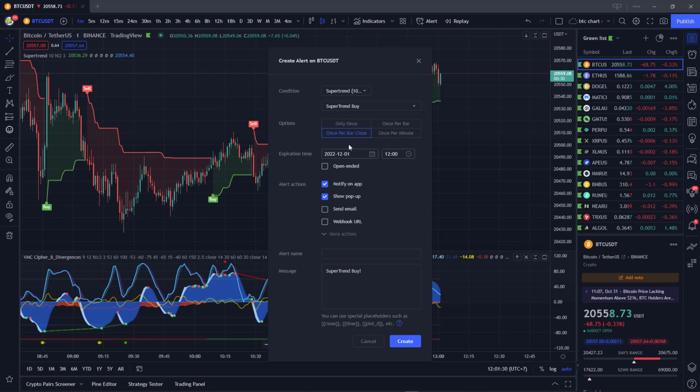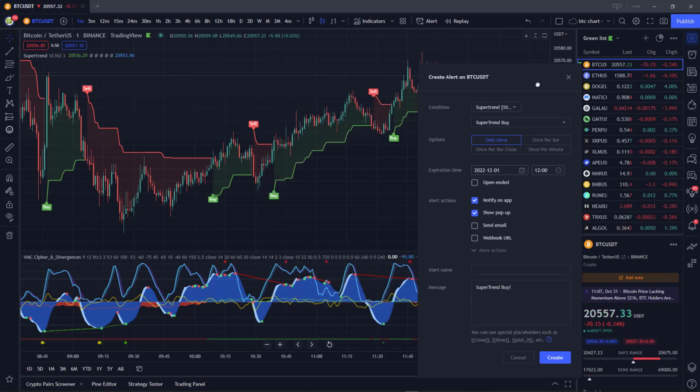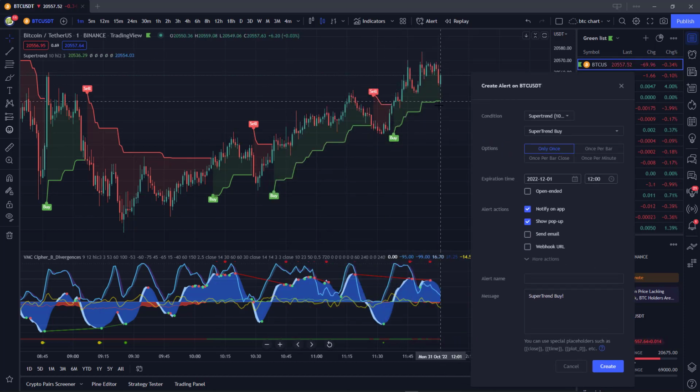Alright, so only once would trigger the buy alert, just the once, and that's it forever. Alright, it would ignore the next ones, so it's just a one-time affair, so to speak.